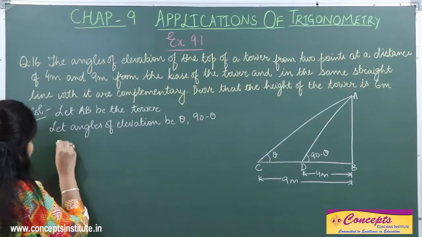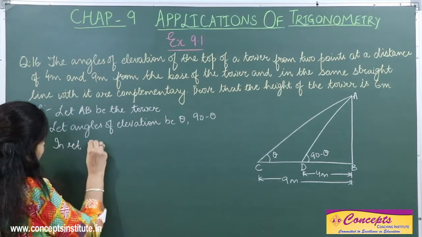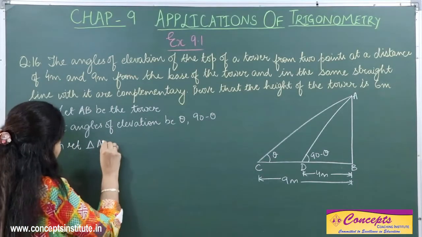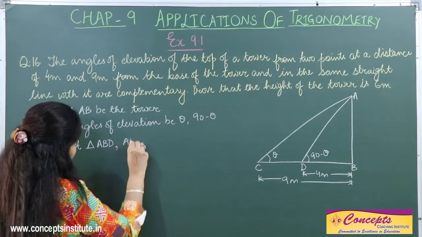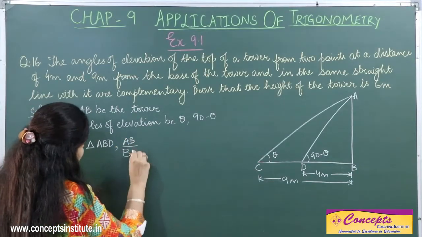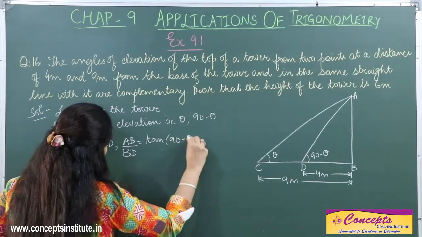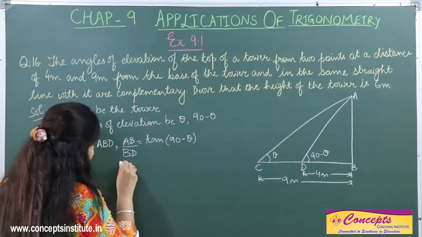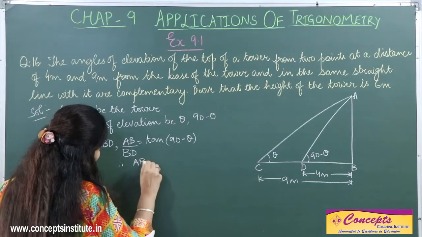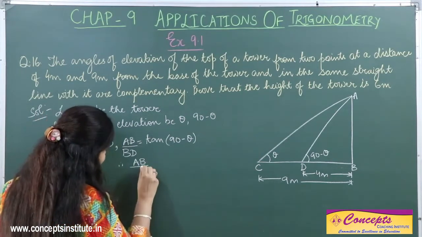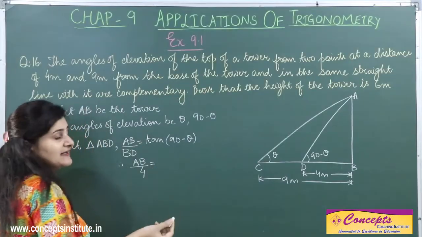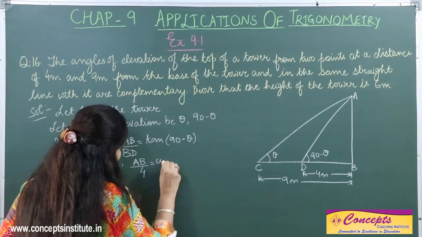Let me find out the value of AB from these 2 triangles and equate it. So in right triangle ABD, AB upon BD equals tan 90 minus theta. AB I don't know, and BD is 4, and tan of 90 minus theta is cot theta.